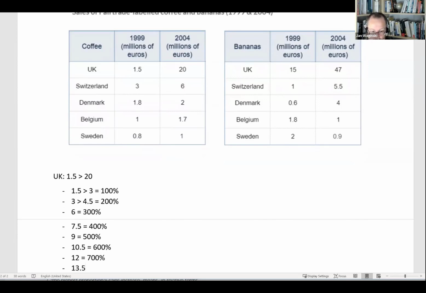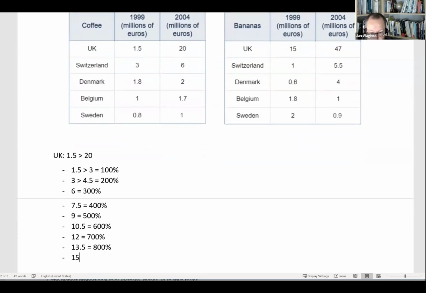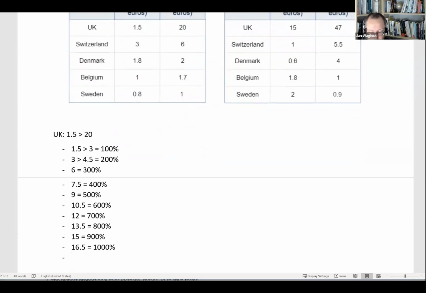And if I make a mistake, please let me know. 800%, 15, 900%, 16.5, 1,000%. Oh my God, where are we going? 18, 1,100%, 19.5. So we're at just over 1,200% increase.